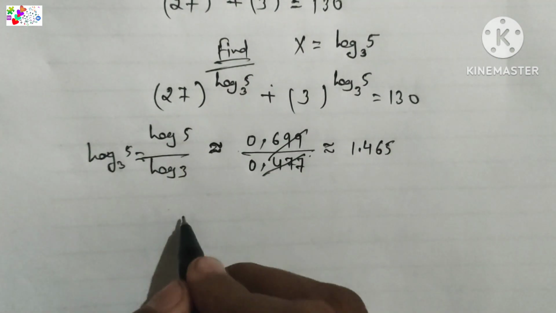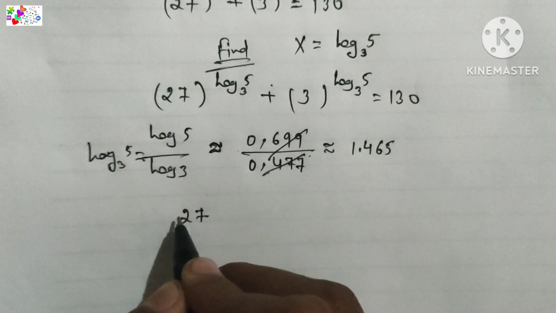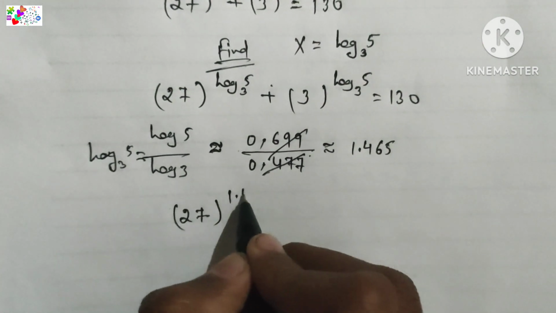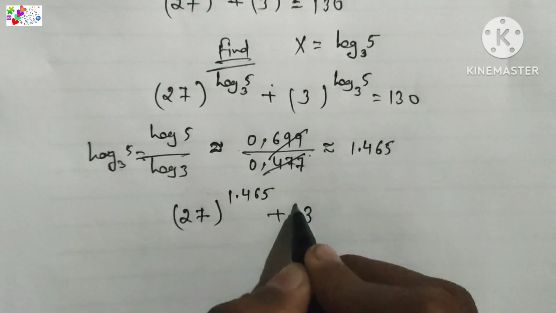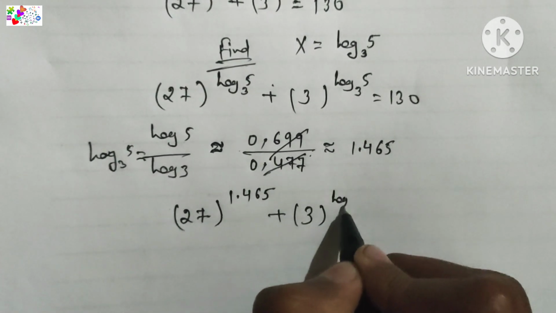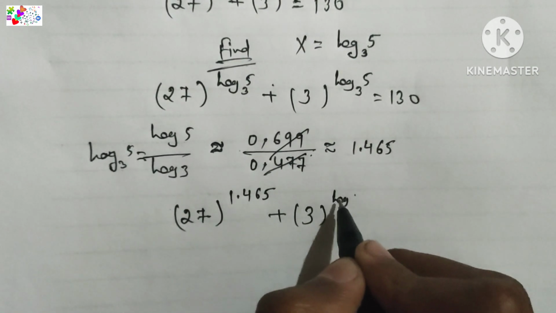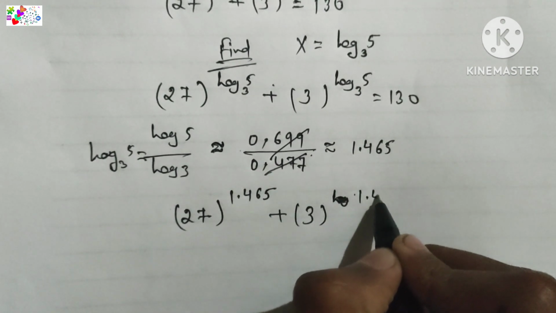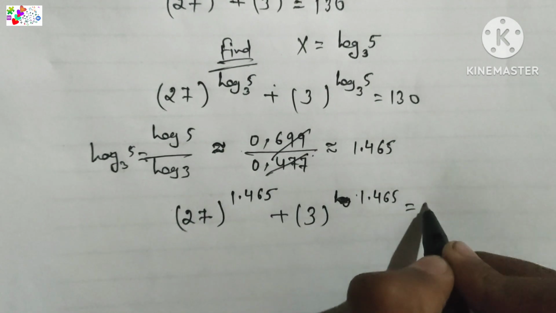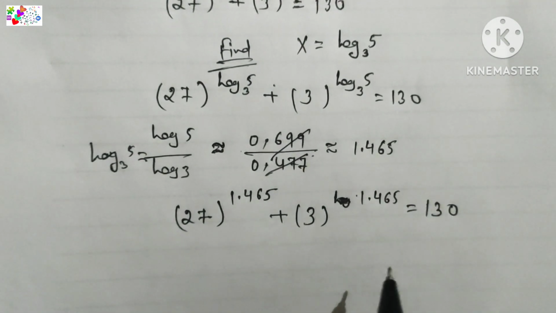So I will use this value as log 5 base 3, which is 1.465. So 27 to the power 1.465 plus 3 to the power 1.465 is equal to 130.